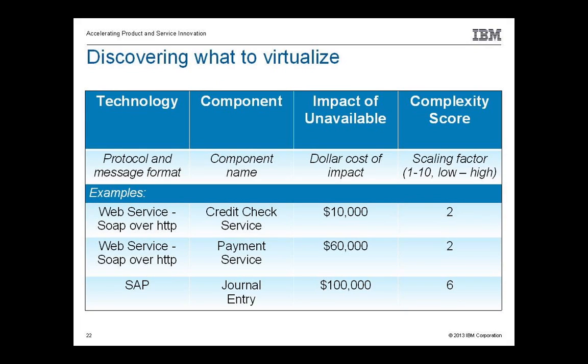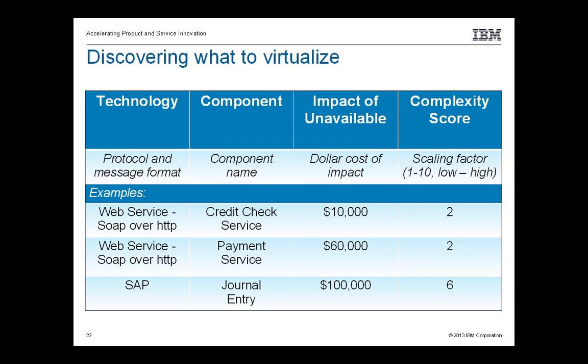So in this table, I've got a web service, SOAP over HTTP. The component name is our credit check service. I've got another web service, SOAP over HTTP, which is implementing the payment service. They're both a complexity to virtualize score of 2. But the impact to my organization is that the payment service is costing me $60,000 due to unavailability.